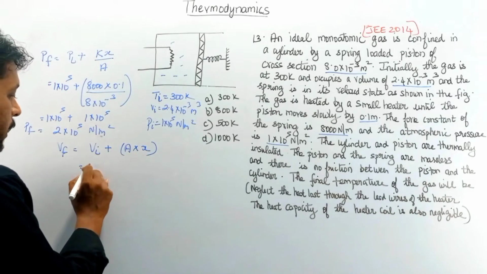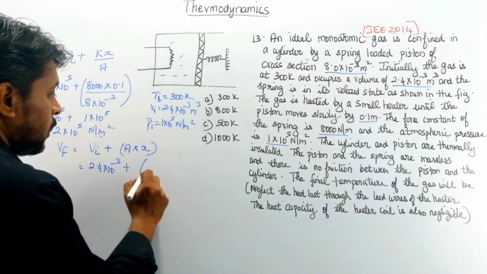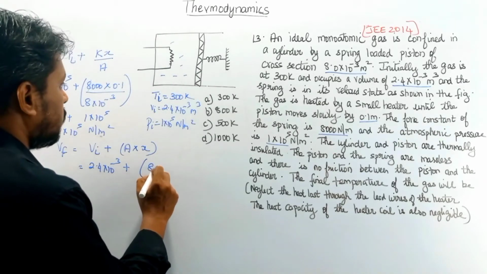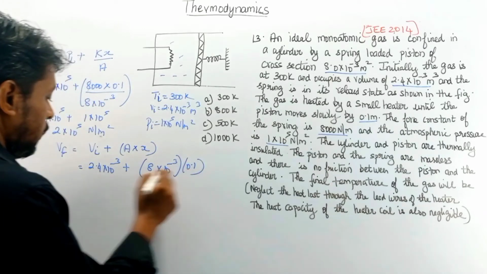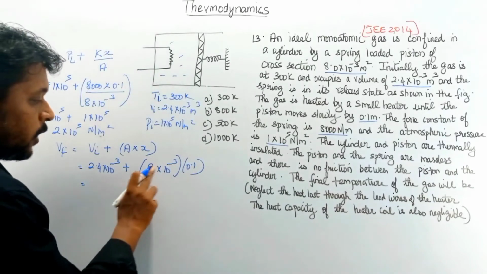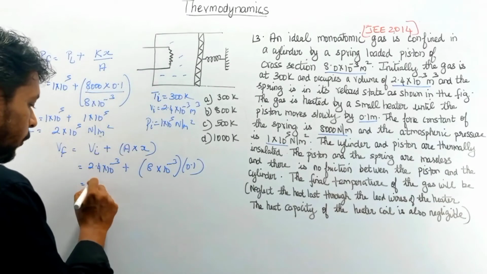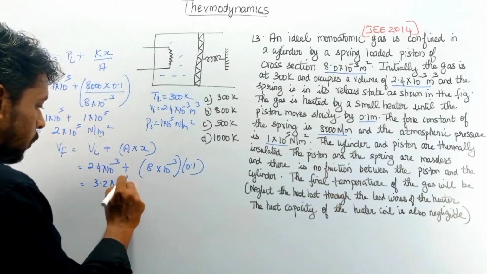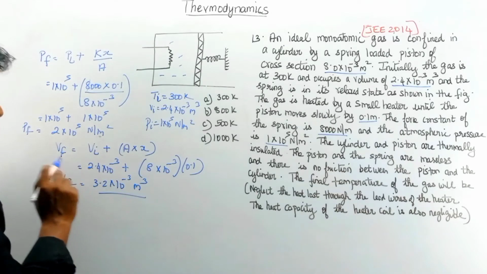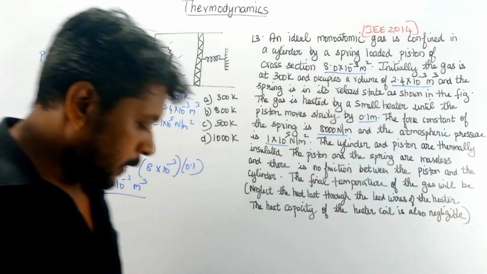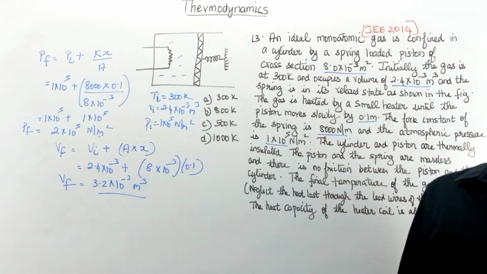So it is 2.4 into 10 power minus 3 plus 8 into 10 power minus 3 into 0.1. You do the calculation: 0.1 into 8 will be 0.8, and 10 power minus 3 is common. So 2.4 plus 0.8 will be 3.2 into 10 power minus 3 meter cube. This is the final volume. Okay, please make a note of it. So we have found the final pressure and the final volume.